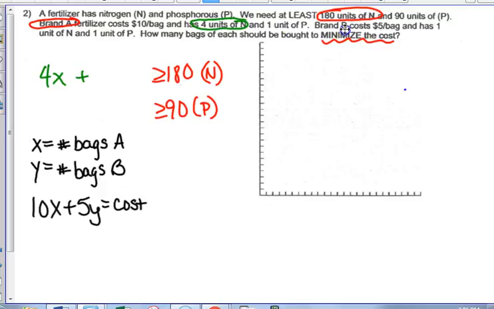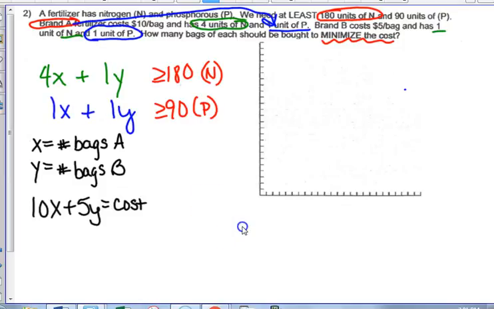And when we buy a bag of B, how much nitrogen do we get? 1. Then we have a separate sentence that has to do with phosphorus. We go back and look, when it says A, how much phosphorus do we get? 1 every time we buy a bag of A, and 1 every time we buy a bag of B.